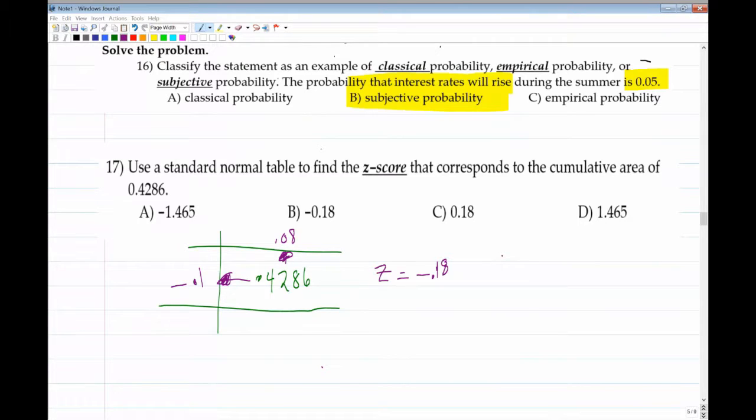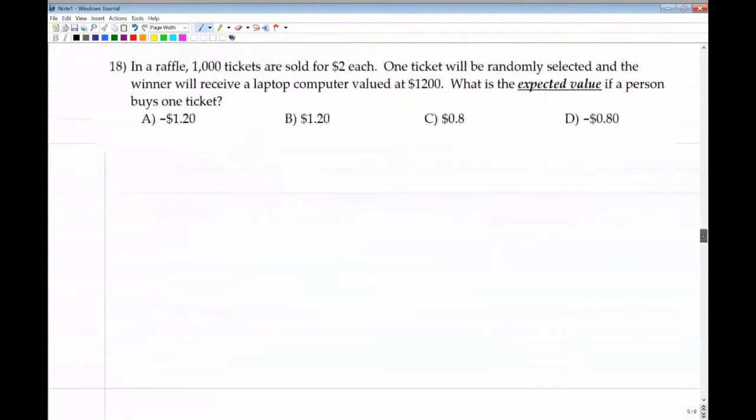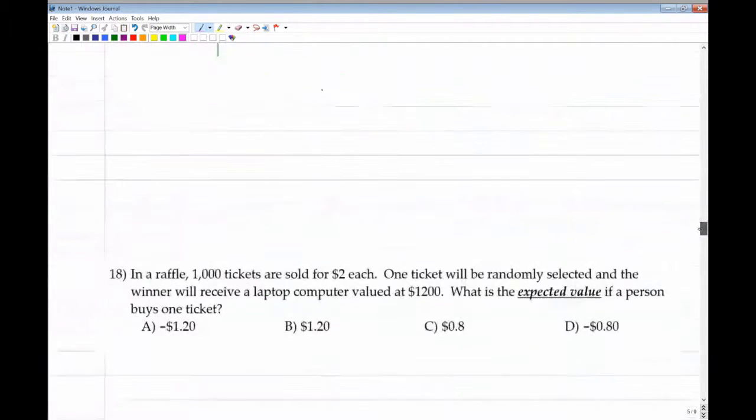When you put this value in, it should give you negative 0.1799, which rounds to negative 0.18. So that will be the answer right here. Now we'll move to the next problem.